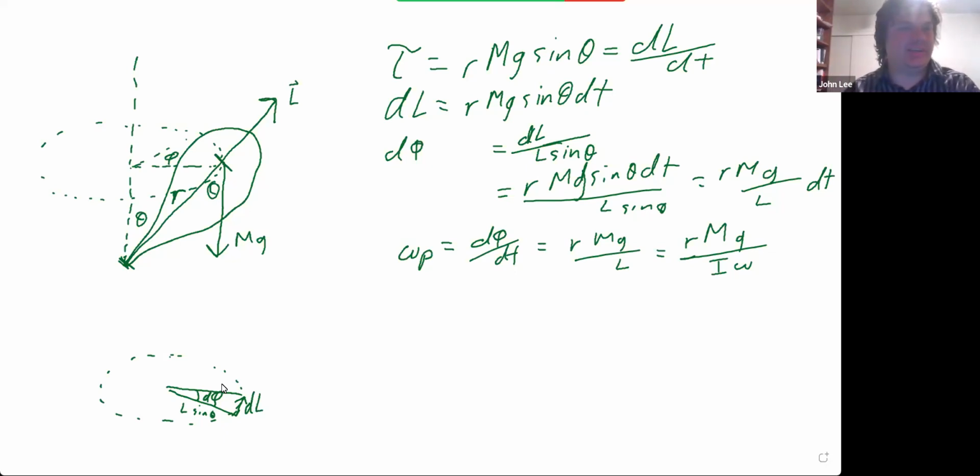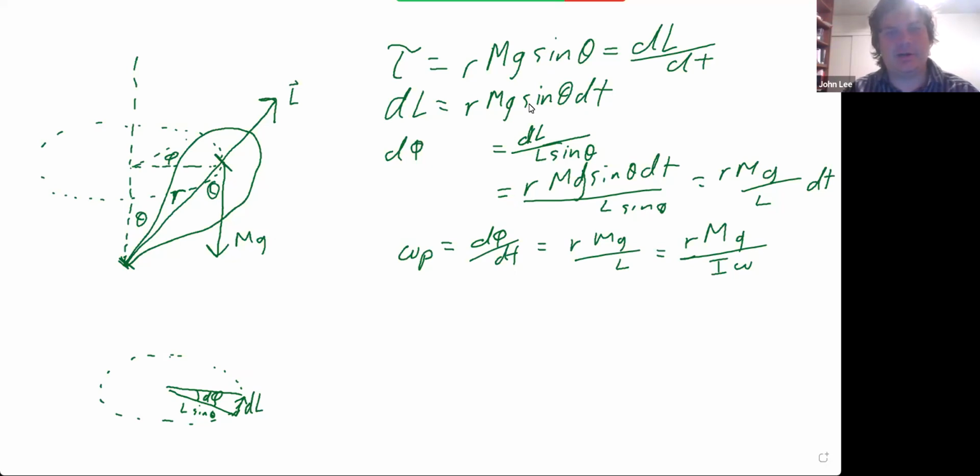If you remember calculus, I don't know if you've learned this or not, but it's the angle you make on the xy plane as you're moving about in a circle. So this angle on the xy plane is going to be equal to dL divided by L sin theta, because L sin theta is the projection of L onto the xy plane. So d phi equals dL over L sin theta.